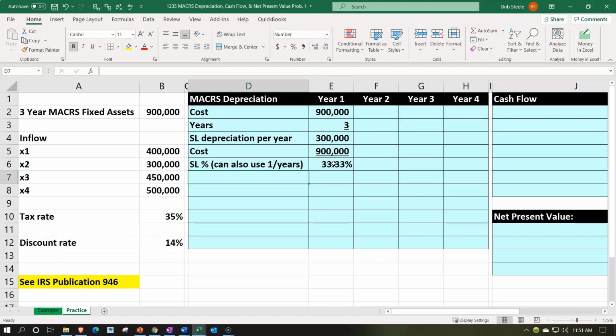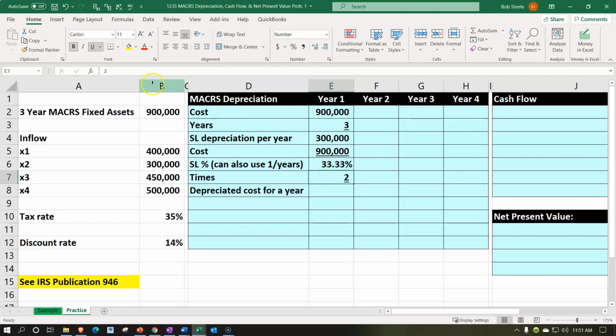Now, the MACRS is a form of double declining balance. So normally we would take that times 2 to make it double declining, and then go to the font group and underline it. Actually, hold on a second.